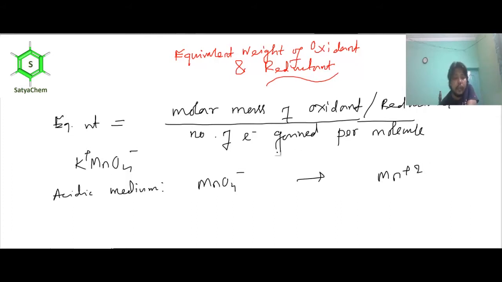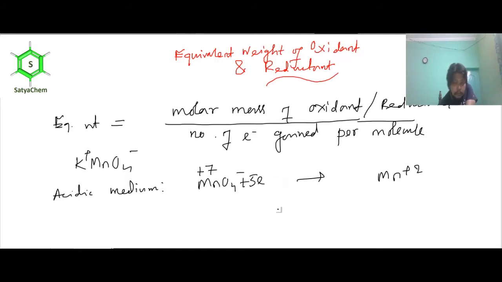We know how to calculate the oxidation number of manganese in MnO4 minus, it is plus 7. Now plus 7 decreases to plus 2. Obviously it takes 5 electrons.